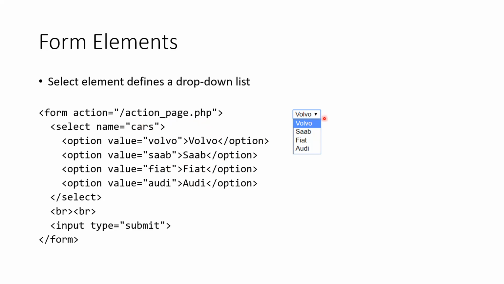So you have a set of cars here, and then you can select multiple cars from, this is called drop down list. Right, so select the car and you can have multiple options where users can select one of them.